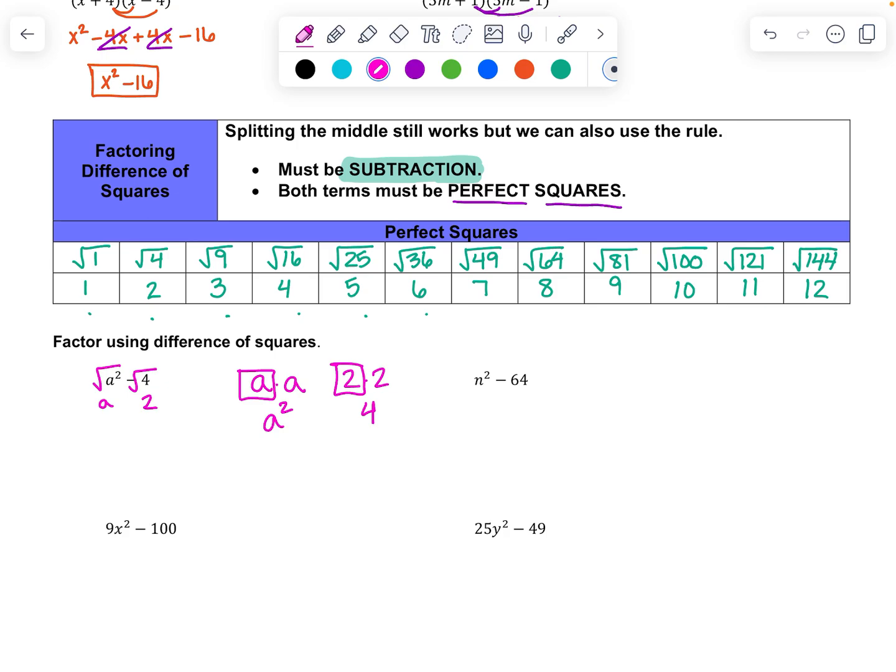So I know it's variables, but we're working backwards from a squared. All right, anytime we're saying factor, we're going to set up our two sets of parentheses. I'm splitting apart the a squared here, splitting apart the 4 here, and we just need to remember that we will always have 1 plus and 1 minus. Okay?